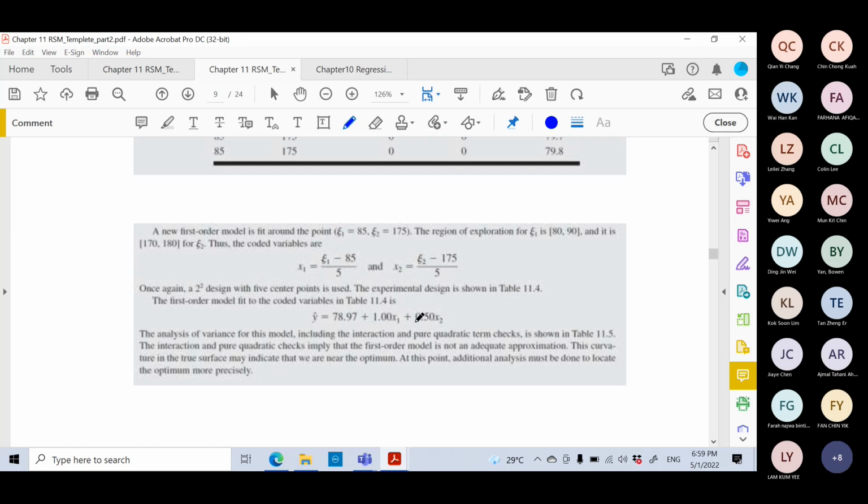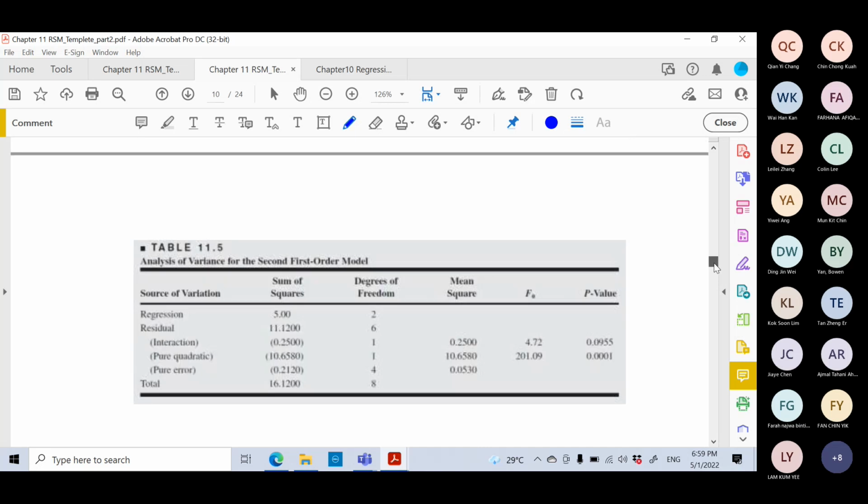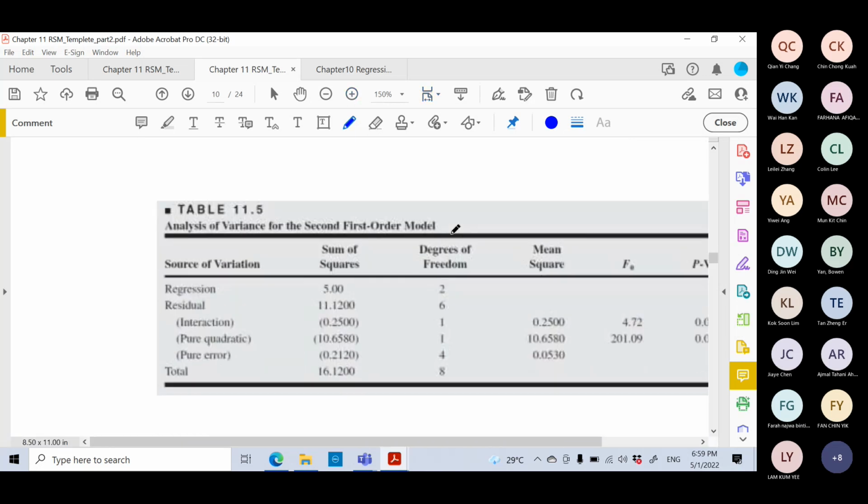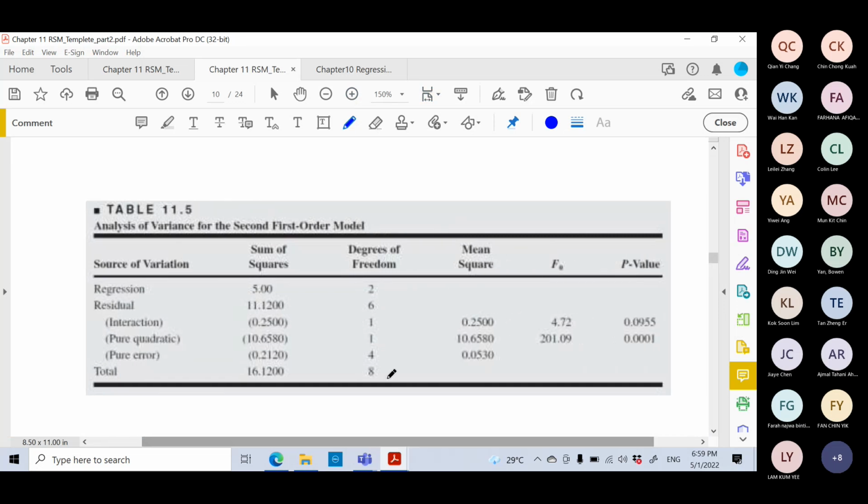Because this one is a first order model only. Then again, we are checking whether the iteration is necessary or not, whether the quadratic is necessary or not. This will be given in the following table here. From the following table, we want to check what model we have. If we're testing the iteration at the 10% level, it is significant.